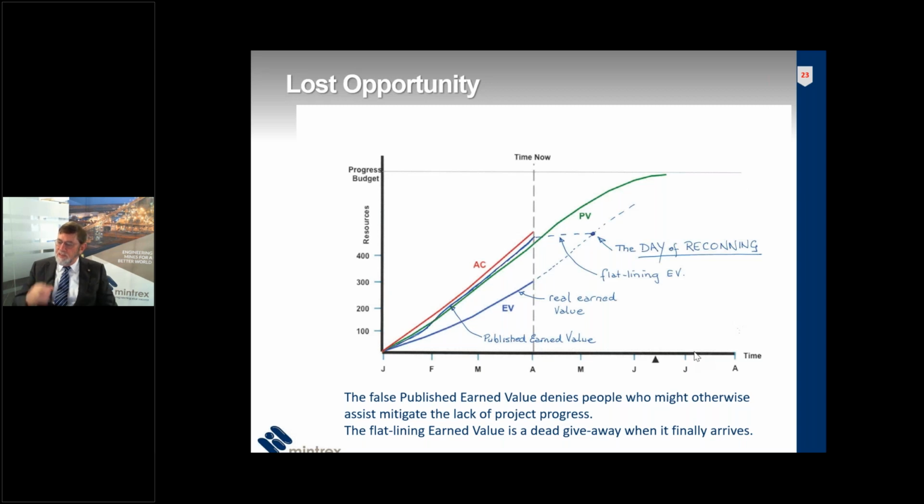You don't often see it as extreme as this, but you'll quite often see a project starting to flatline 3 or 4 months in, and it's because of the project manager basically claiming work that hasn't really been done.